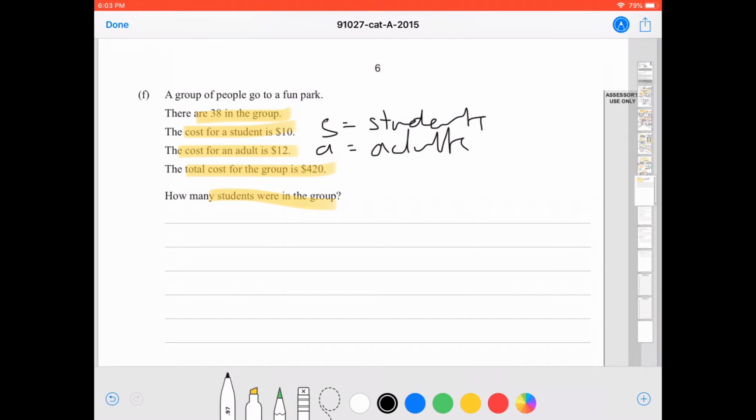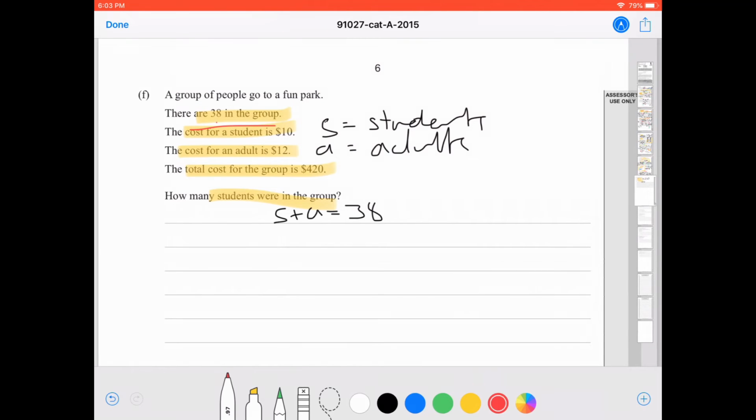And so we're going to be forming some equations, and we just have to work through each piece of information methodically. So looking at our first piece of information, there are 38 in the group. That means S plus A equals 38.